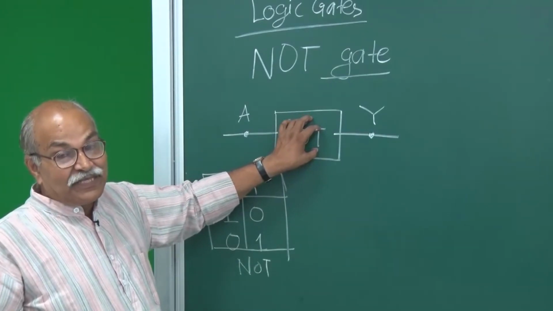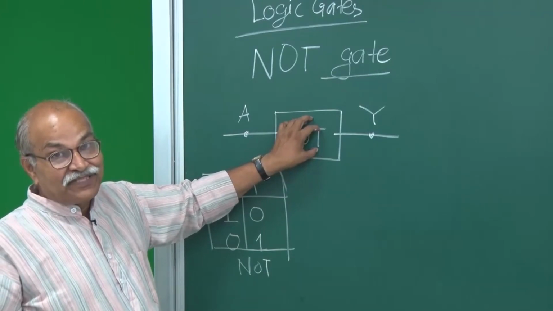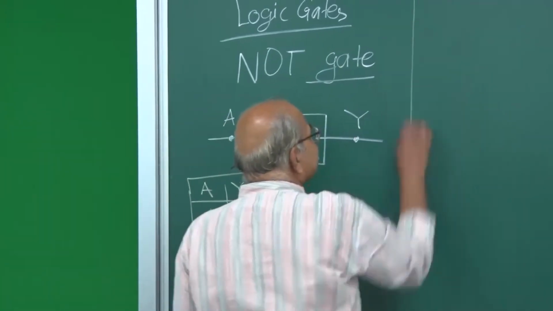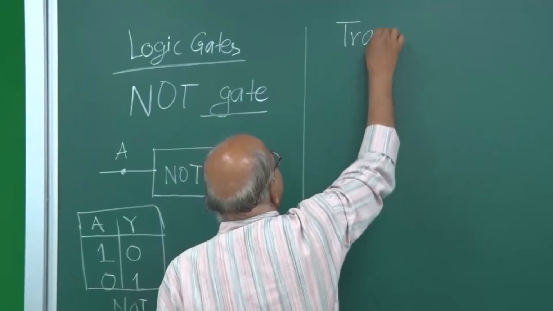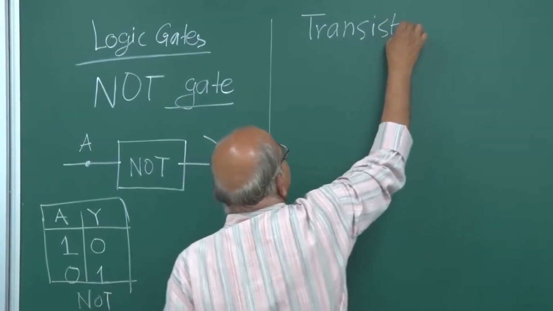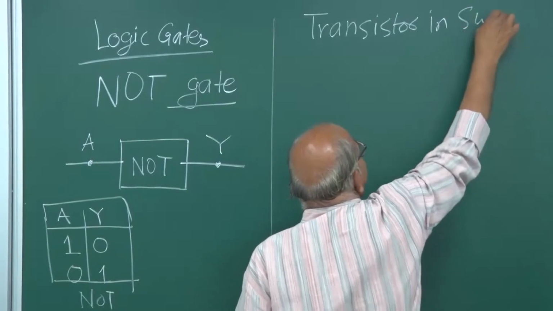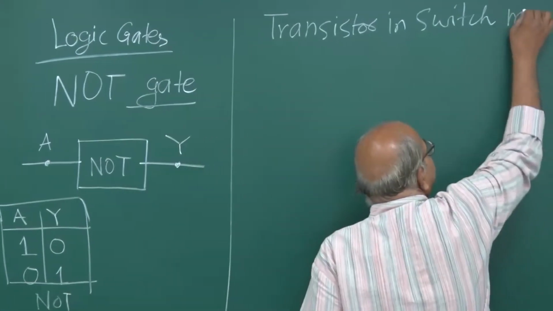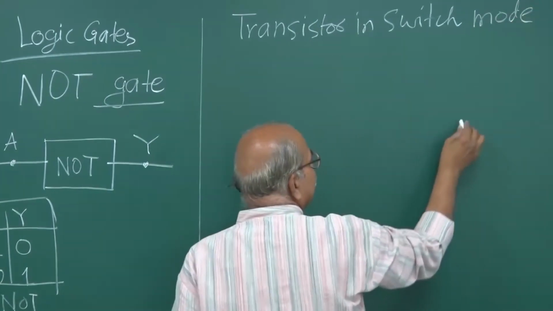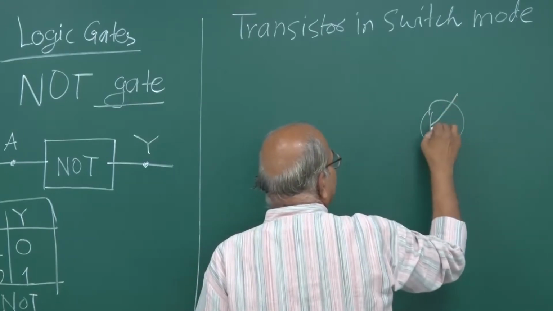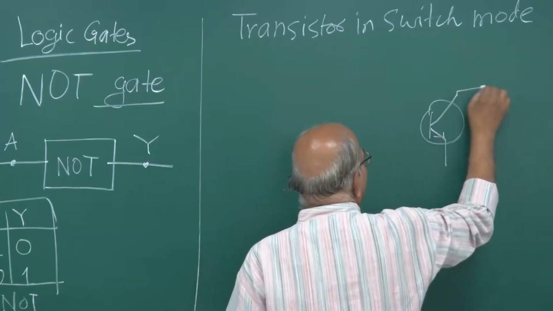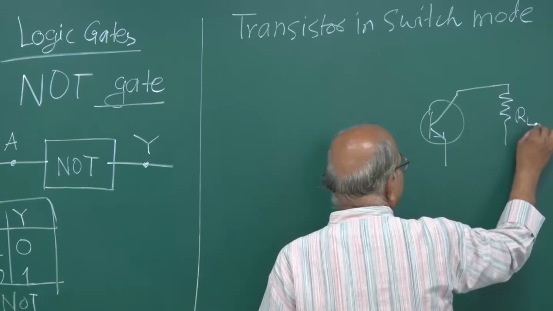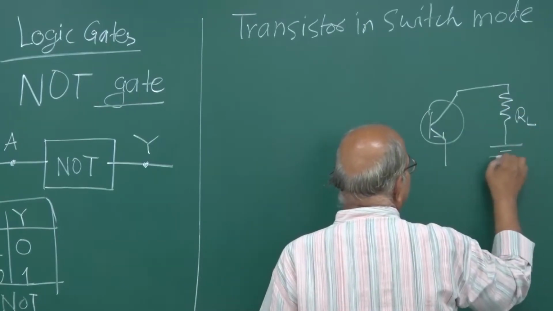And you must remember, we have already discussed this kind of circuit. It's nothing but a transistor in switch mode. If you take an NPN transistor as we had been doing, you have the load resistance or collector resistance, and then you put your biasing here.